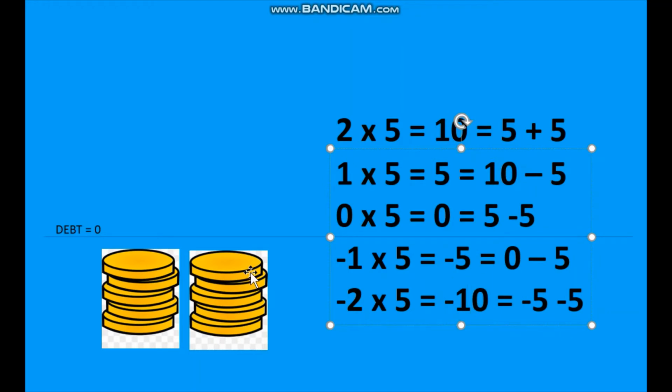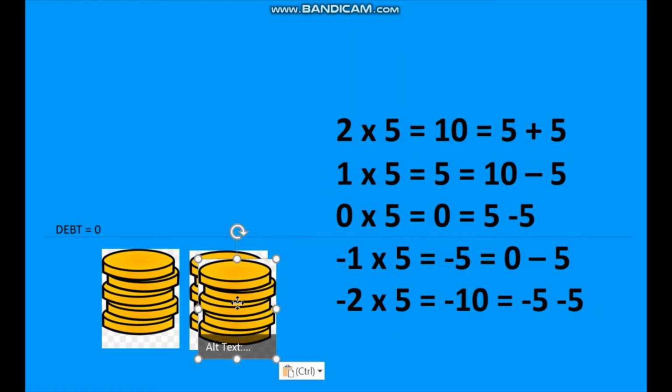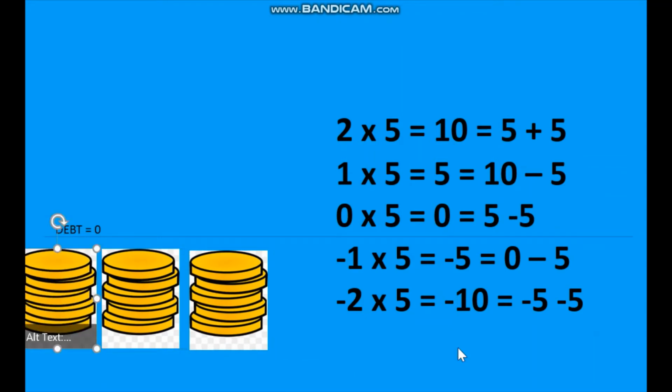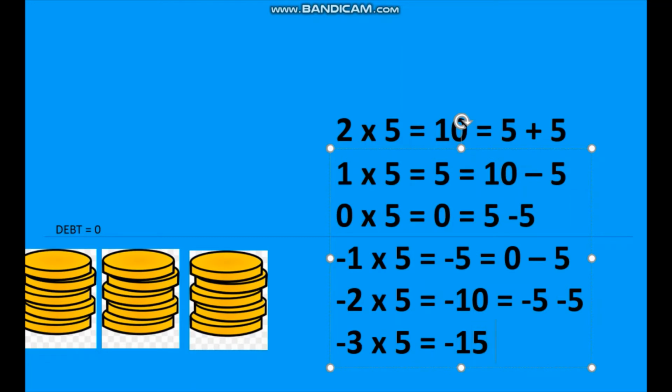So finally, if you do that with -3, that is, if you have 3 stacks of coins in your debt, then you will find that the answer is -3 times 5, that is -15. So how did we get -15? What we did was we got this -10 from the previous equation and then we subtracted 5 from it.